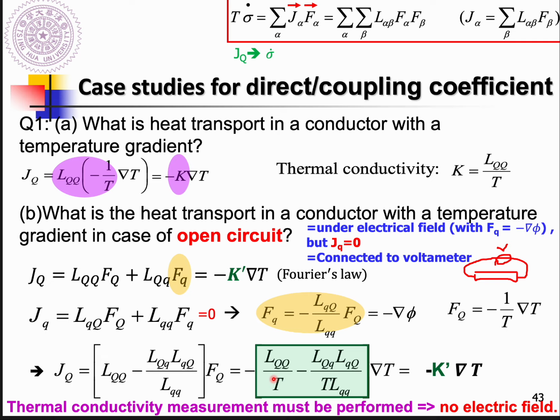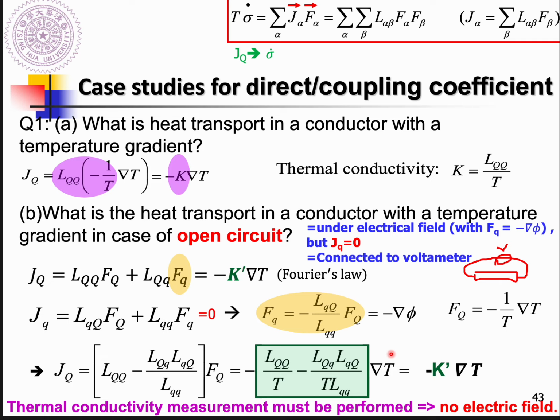Okay? And probably some people will ask, Professor, what if the heat transport occurs with both a temperature gradient and a concentration gradient? And in that case, will the thermal conductivity kappa prime I measure also be underestimated? Or is it the incorrect thermal conductivity of my materials?